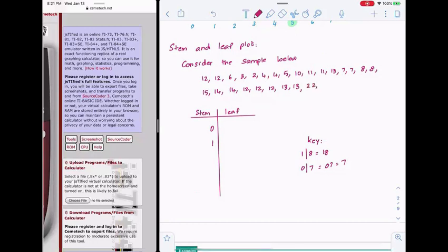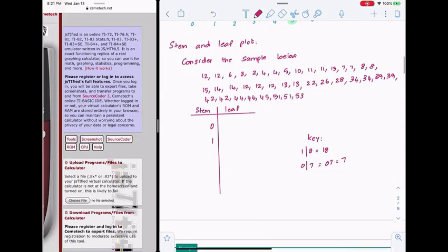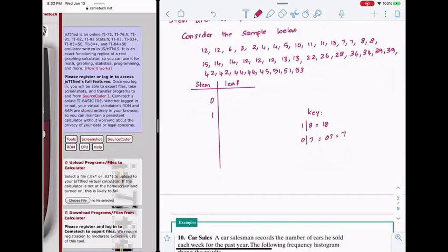So I'll just put in 22, 26, 28, 34, 34, 39, 39, 42, 42, 44, 44, 45, 51, 51, 53. So we'd have 0, 1, 2, 3, 4, and 5.